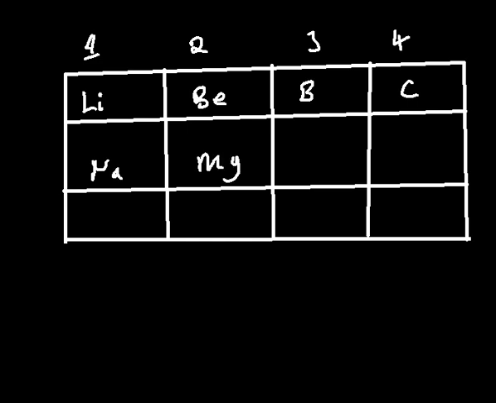Of course, this is group 1, and this is group 2, and this is group 3, and this is group 4, and so forth. And let's say this is beryllium, this is boron, and this is carbon. And down here we have sodium, magnesium, aluminum, and this is silicon.